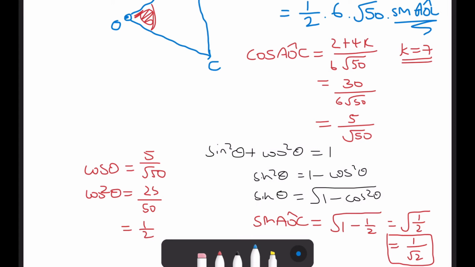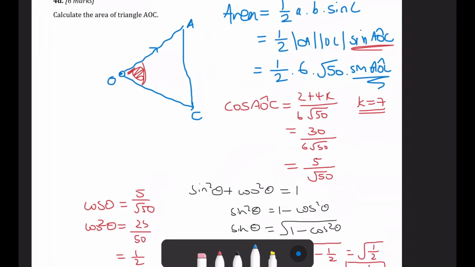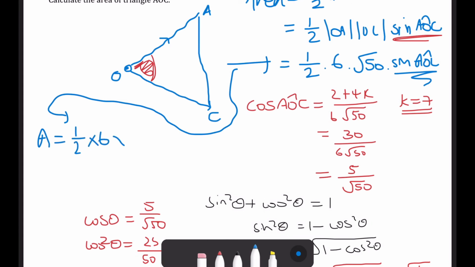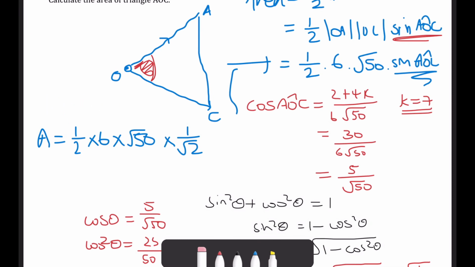Then back up to the main equation, which we wrote at the beginning here. So if I just do this down at this bit, finish off, area is equal to a half times 6 times root 50 times sine AOC, which we said is 1 over root 2. And now calculate our answer.